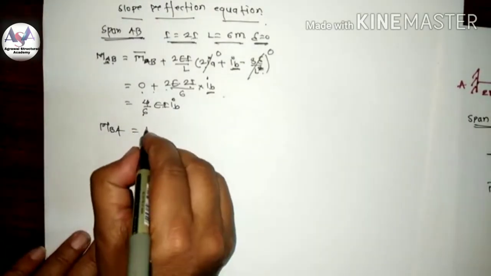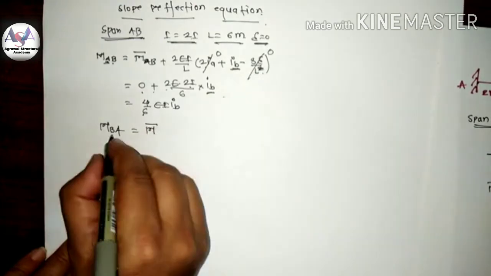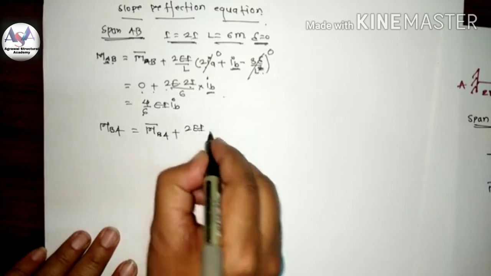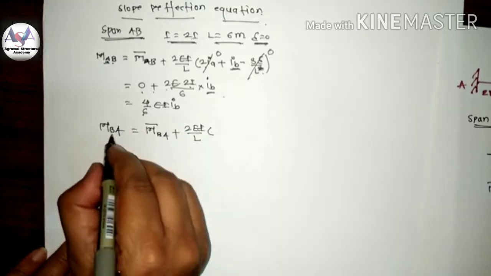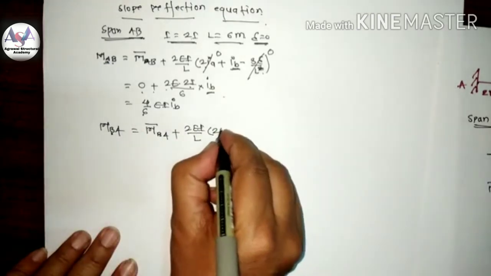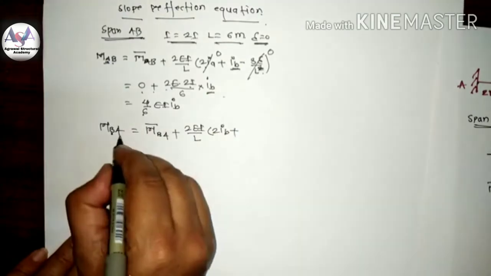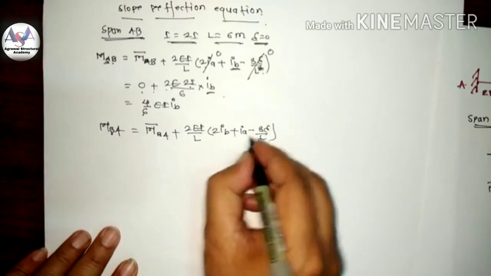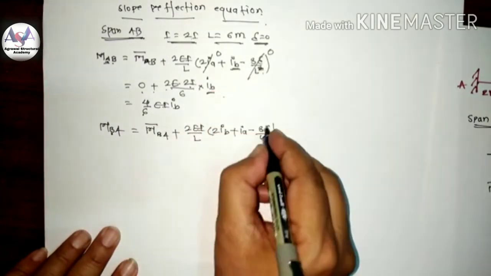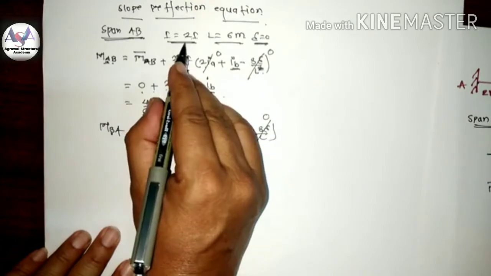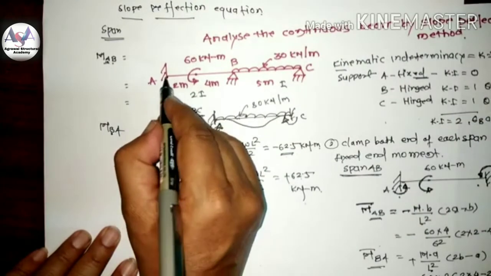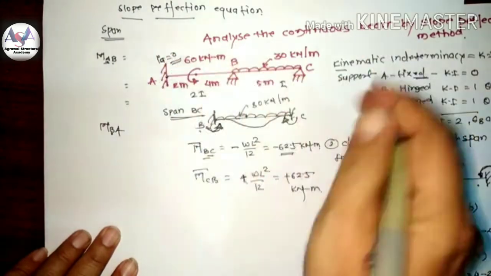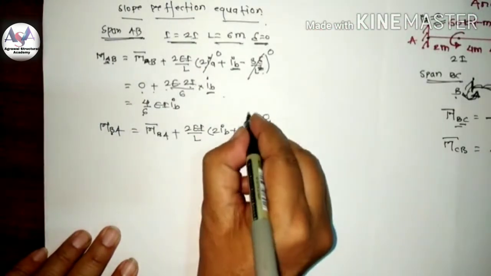Then the second equation is M BA. Write here M bar BA plus twice EI by L. Here the starting point is B, so write twice theta B. Then second is theta A minus delta by L. We know for this span delta is equal to 0, so this is 0. Then for this span AB, A is fixed, so theta A is equal to 0. So this value is 0.